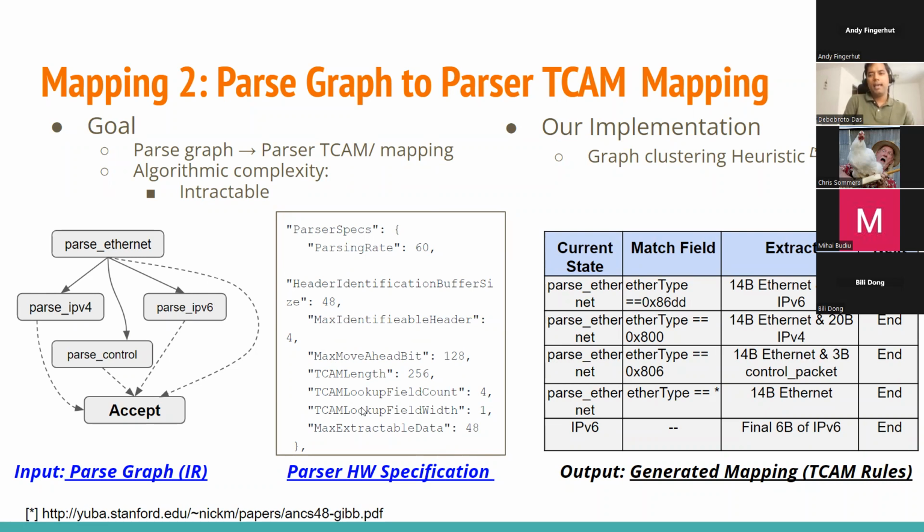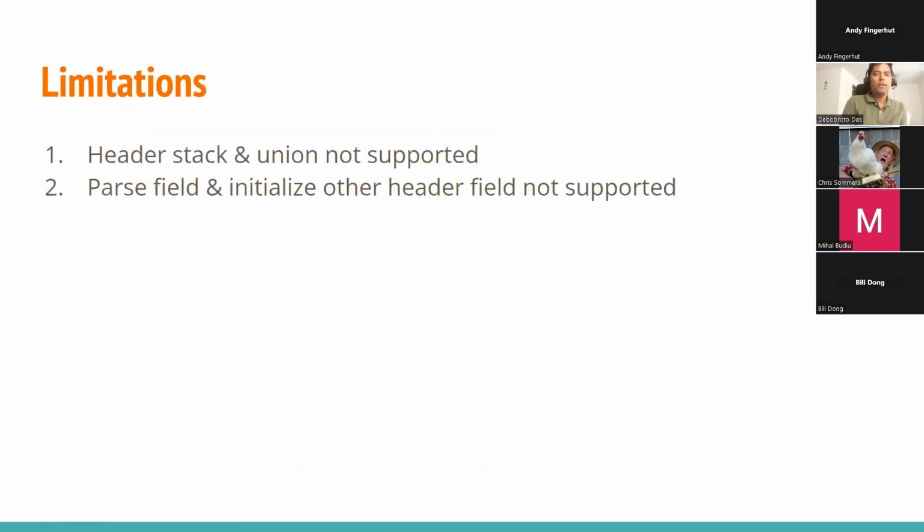Again, I have not implemented any new algorithm in this backend. I have just used their implementation and repurposed it so that it can find the TCAM mapping. In their paper, they have used a graph clustering based heuristic. So anyone can also implement a new heuristic algorithm for that part.